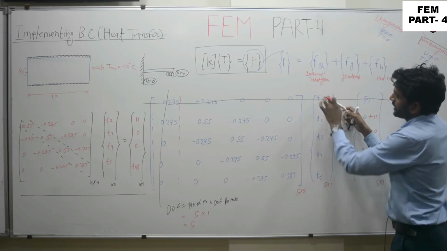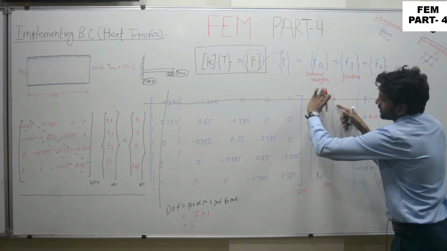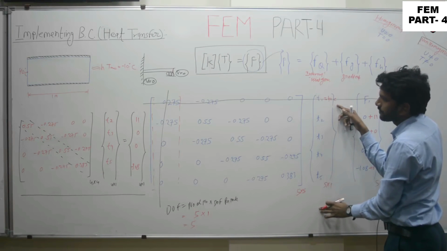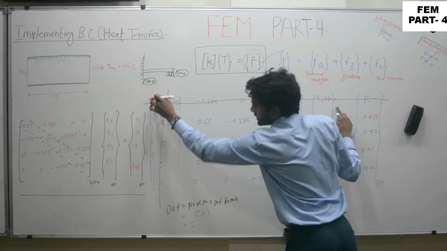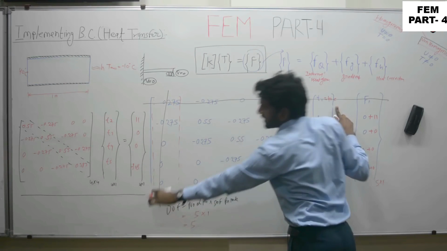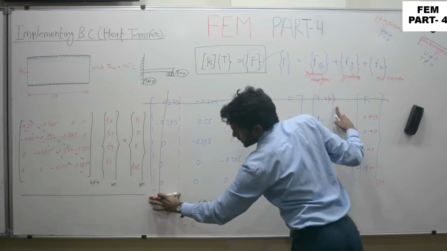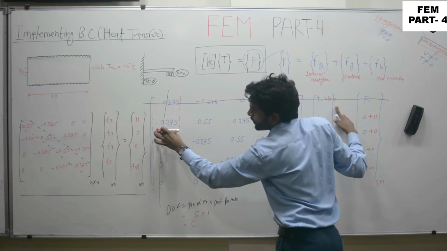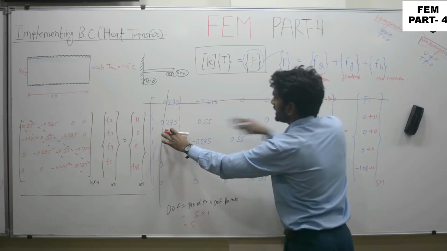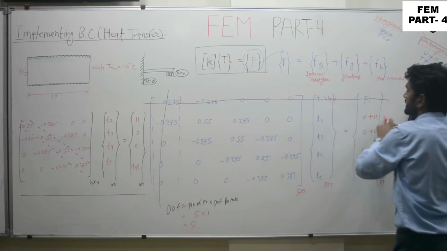To remove this, we have taken the sharing of this T1 on the other elements. Because of this T1, only this column vector is going to be affected. That is why we figured out this column vector, then multiplied each component of this column with 40 and transported it to the right hand side.